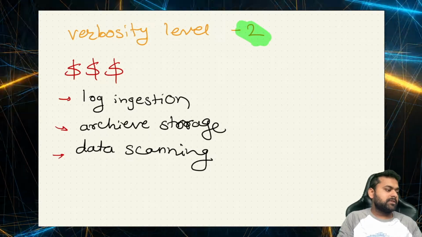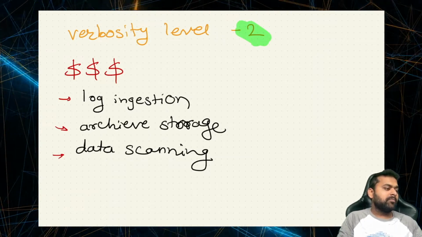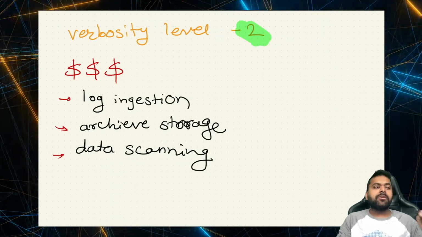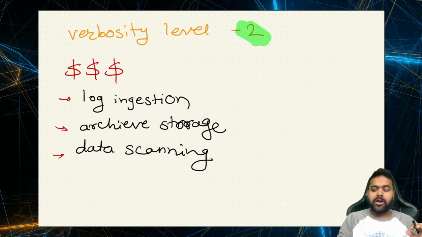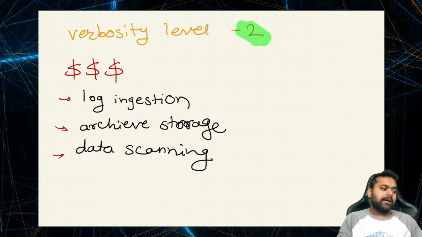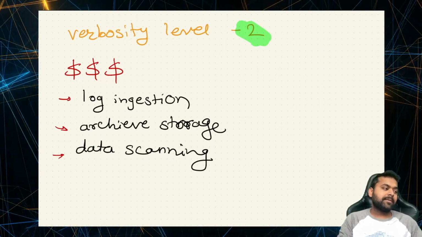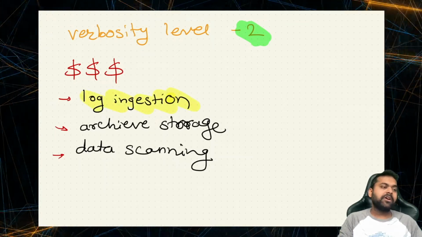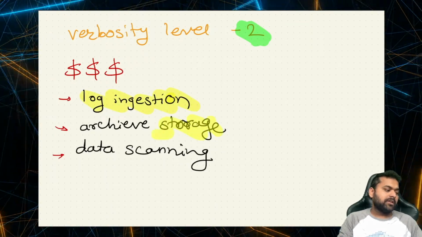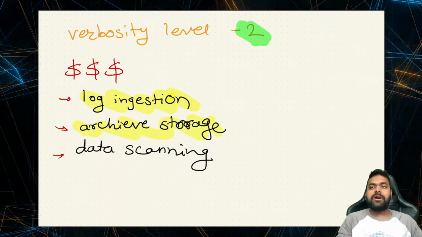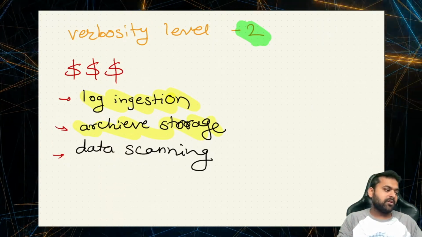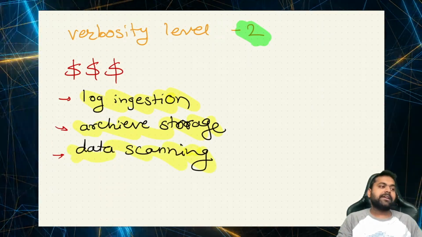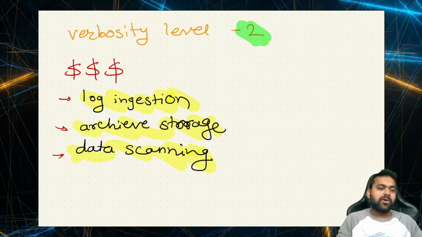Now one important thing here is once you enable CloudWatch logging, you get charged separately for the log ingestion, the archive storage if you archive the logs, and the data scanning, the scanning through your logs.